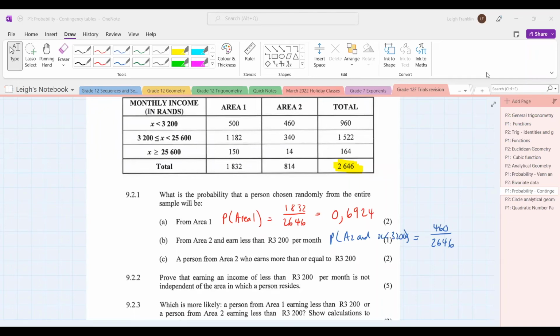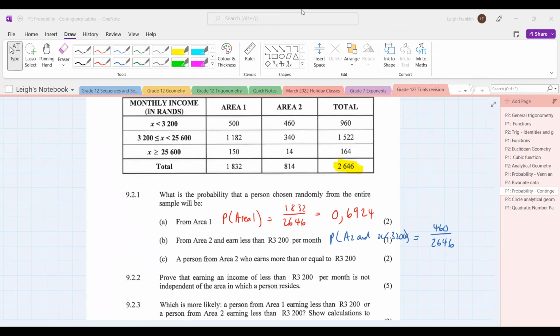Now I disagree with all of you, because people that come from area 2 that earn more than or equal to 3,200 can also be those people who earn more than 25,600, right?